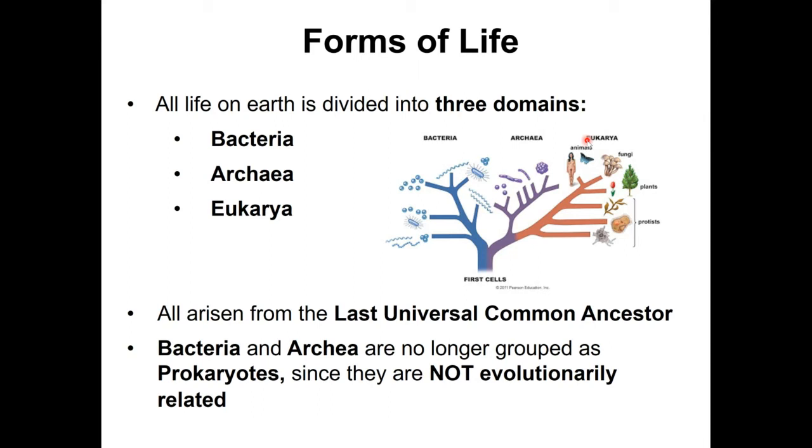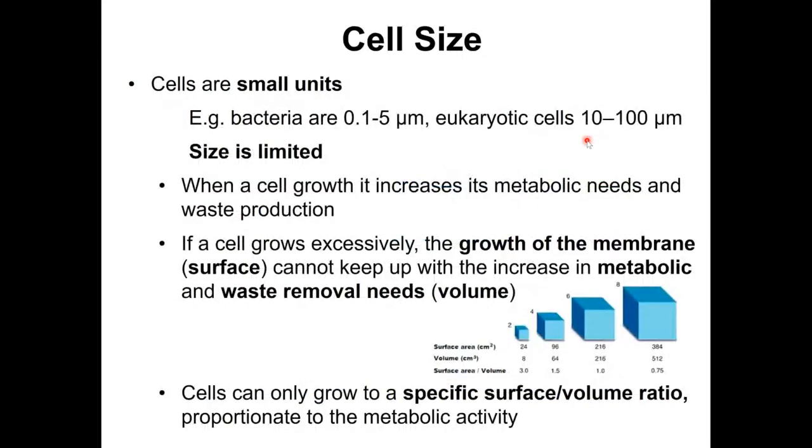So starting from common properties of all living organisms. First thing is that all living organisms are made of cells which cannot grow indefinitely, and that's the reason why cells are always small units. Think about it. Cells could have grown theoretically.